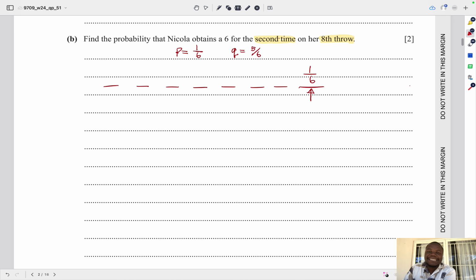Now they are saying the second time, so this is the second time we obtain a 6. It means on these other attempts, how many in total? 7 attempts. How many times must we have a 6? 1. In 7 attempts, we need to be successful 1 time.